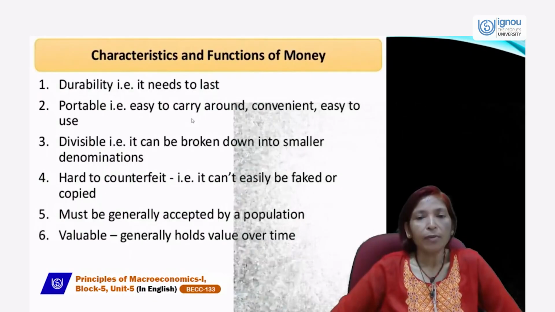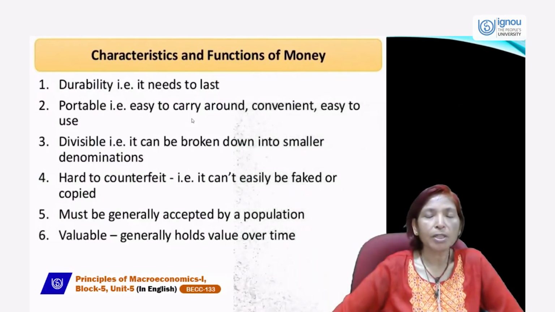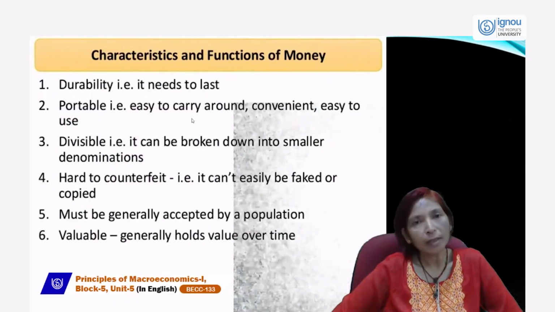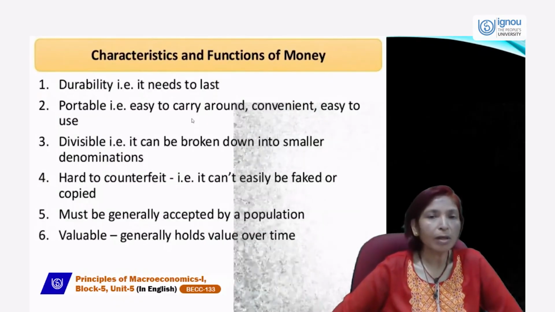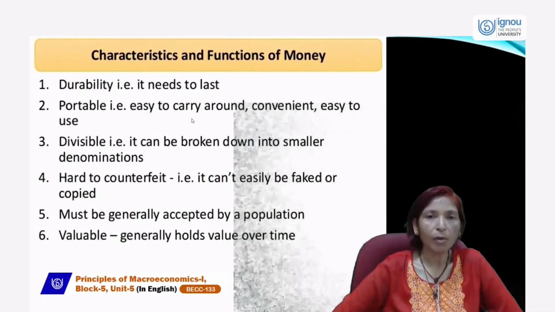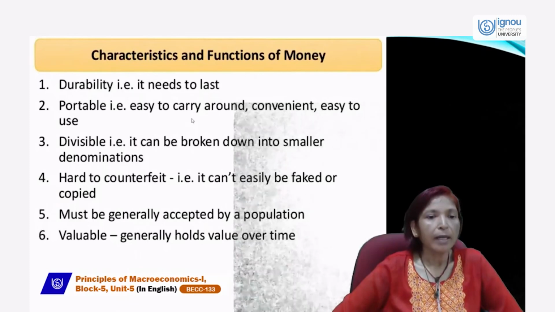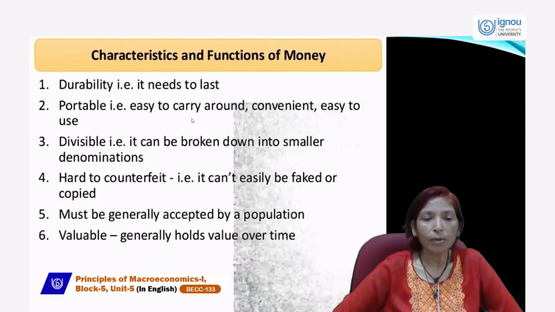If you want to do larger transactions, you can use higher denomination currencies, and for smaller transactions, you can use smaller denominations like 1, 2, 5, and 10 rupee coins.